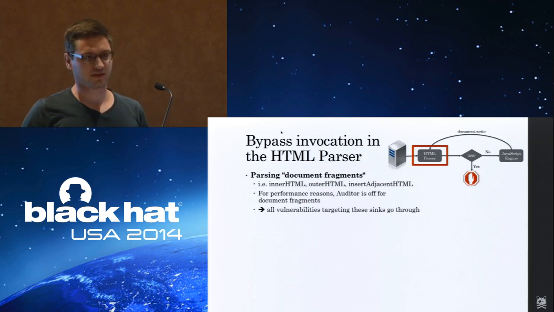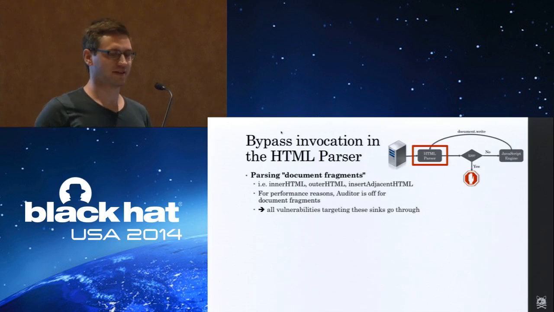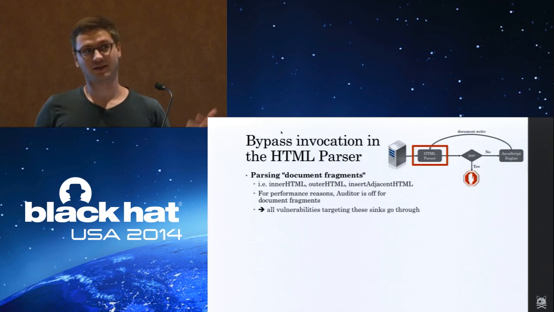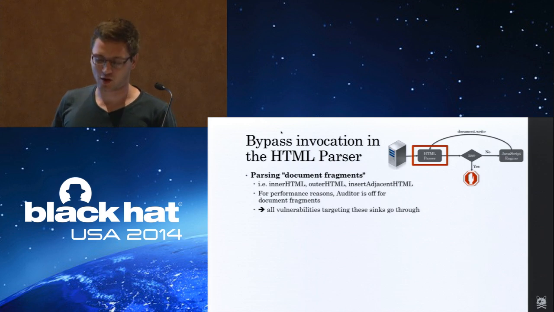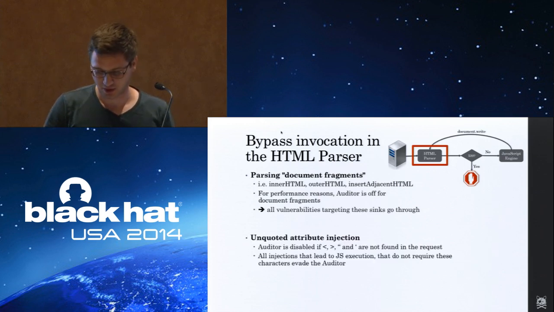However, as we found, there are so many vulnerabilities out there that have a flaw when they use innerHTML, which allows an attacker to always bypass these things. So that's pretty simple. We didn't actually have to generate payloads targeting a bypass, but rather just, oh, it's an innerHTML flow, so let's exploit that, and it will always pass through the auditor.